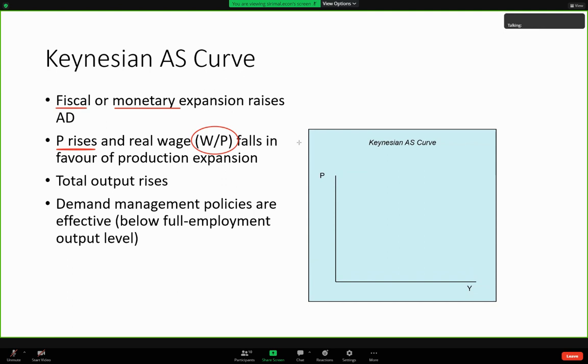So this graph shows you, when you look at graphs, they look very simple, but there are big stories behind them, for example, this one. This is the KAS, the Keynesian Aggregate Supply curve. At the full employment output level, it is vertical, but below that output level, it is upward sloping.